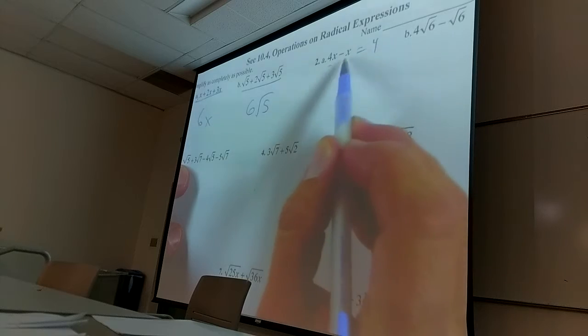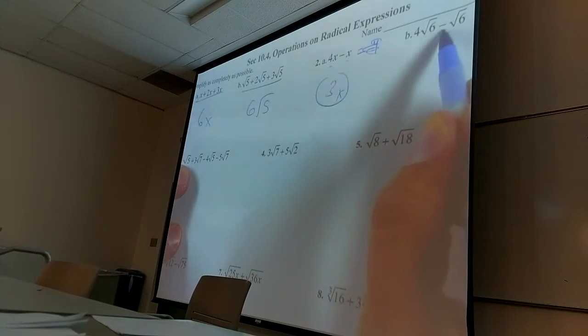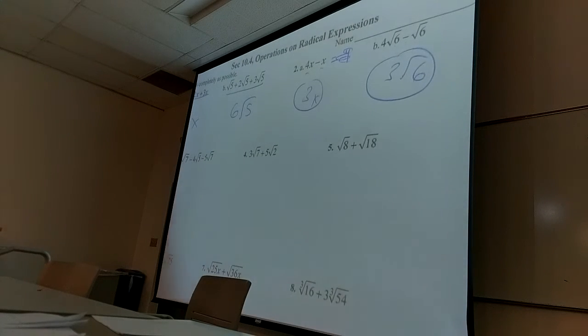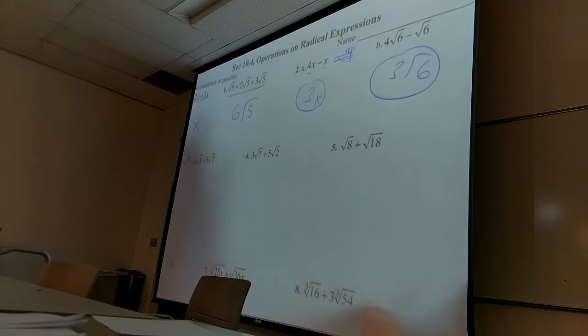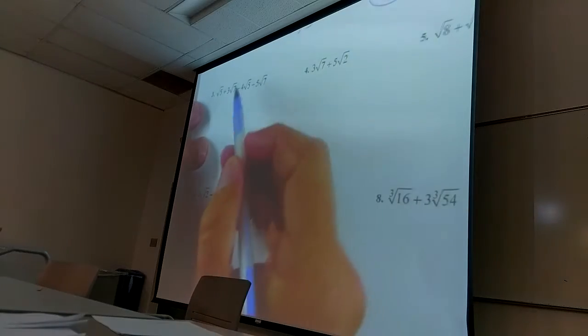I got 4 x's minus x is how many x's? 3x. 4 of these minus 1 of these is 3 of these. So that's 3 square root of 6. I can get a little evil about where that 3 is, especially when it's handwritten. That's why I don't handwrite tests. That'd be cruel and unusual.